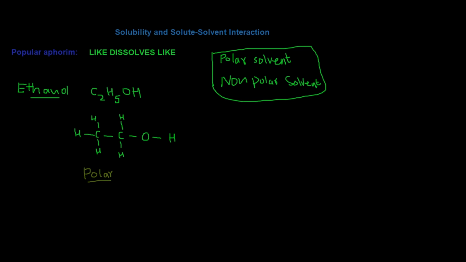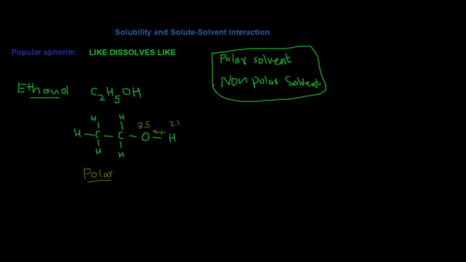Hydrogen is having an electronegativity value of 2.1, while oxygen is having an electronegativity value of 3.5. It means that the oxygen atom is more electronegative. So if it is more electronegative, what would it do? Oxygen will attract the shared pair of electrons toward itself.